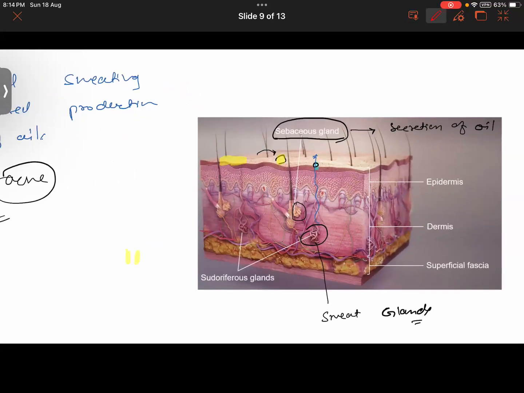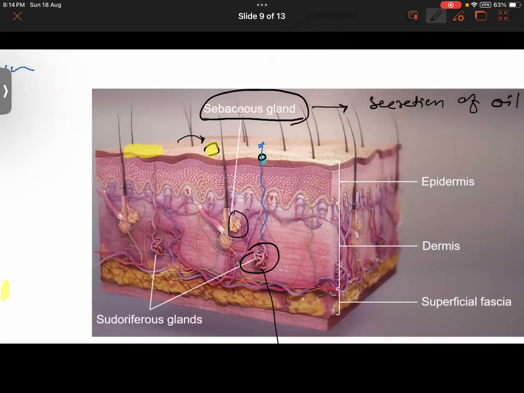The main cause of acne is that if too much oil is secreted by the sebaceous gland, all these pores, these small openings in the skin, will be blocked, and the skin will not be able to breathe properly.